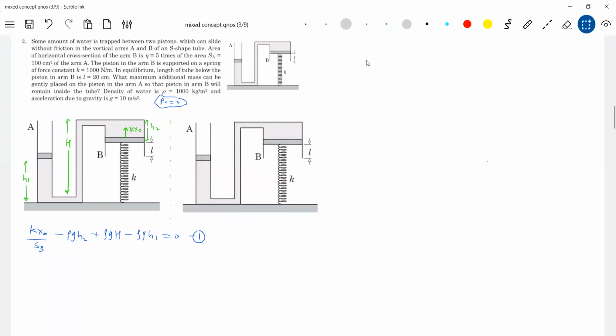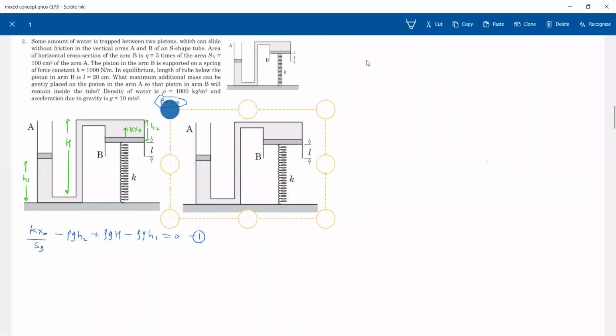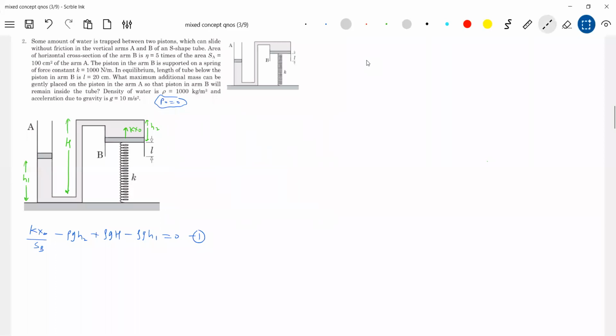Let me take it. After placing the load, okay, I think I can't draw. Let me draw it to the same level.